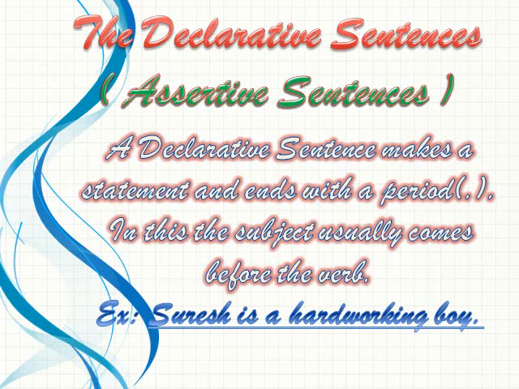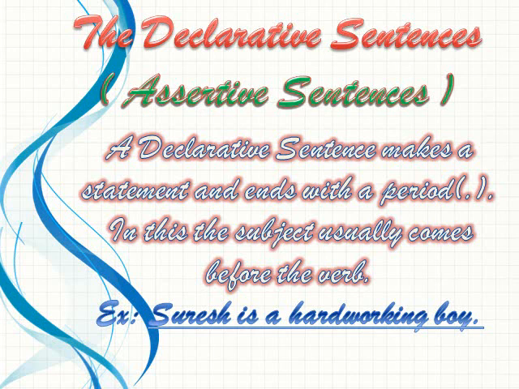A declarative sentence is the most common type of sentence used in the English language. It offers some facts, some information, some knowledge to the other person to whom the communication is being done. So basically, it delivers some particular kind of information.